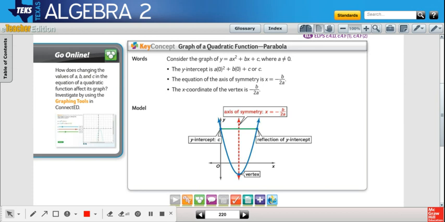If you were asked to graph, the easiest way is to first find the vertex. And if you can find the y-intercept, graph it. Count the horizontal distance from the y-intercept to the axis of symmetry and match it on the other side. You will get your third point, and then you should be able to graph.